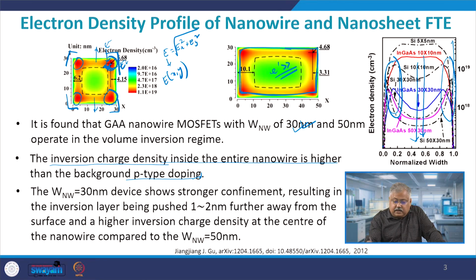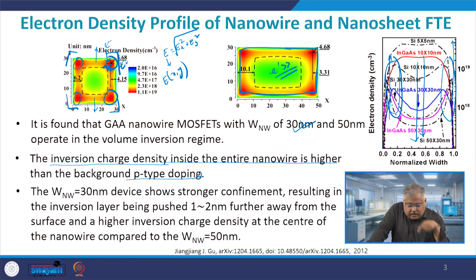And that is true also, because when you give an external voltage and when you have a large amount of charge carriers available at the interface, they tend to screen the electric field, and therefore they do not allow the electric field to come inside the channel, and therefore there is a dip in electron density near the center of the channel.